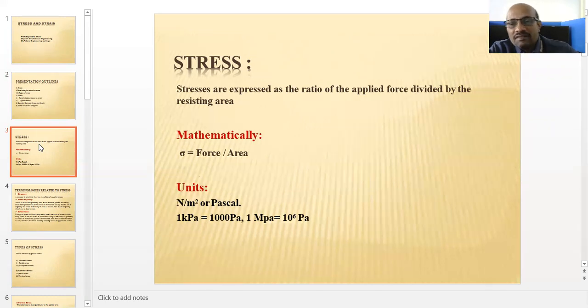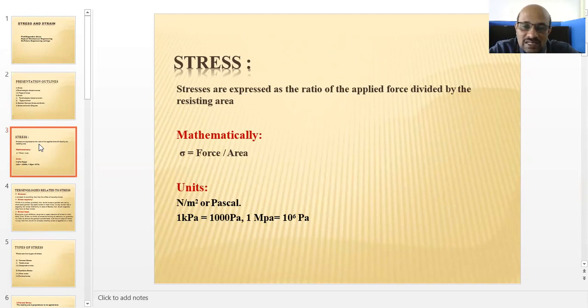Whenever we apply force on an object or a designed object, the area on which we apply that force is related to what is called stress.